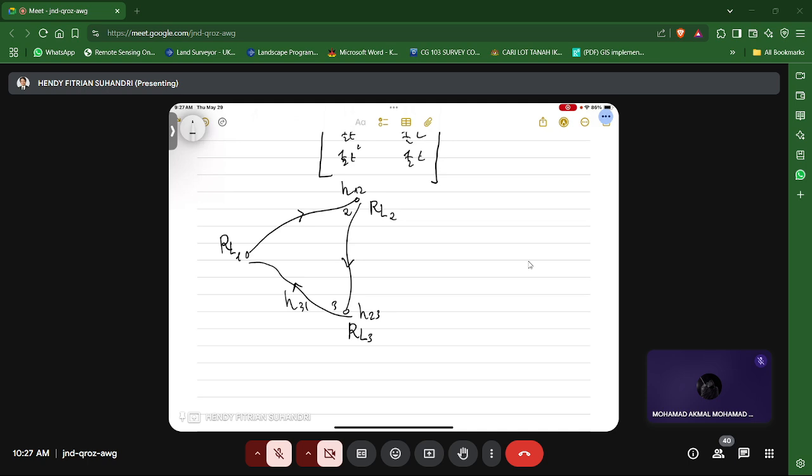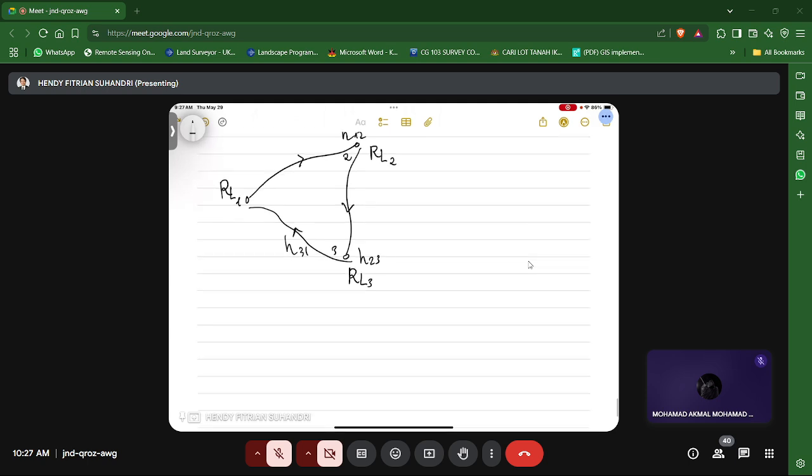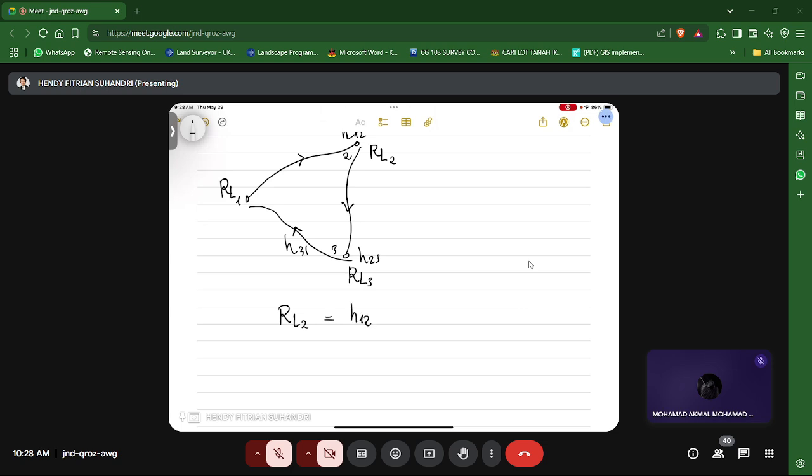So what can we say about this? Reduced level at point 2 equals h12, isn't it?